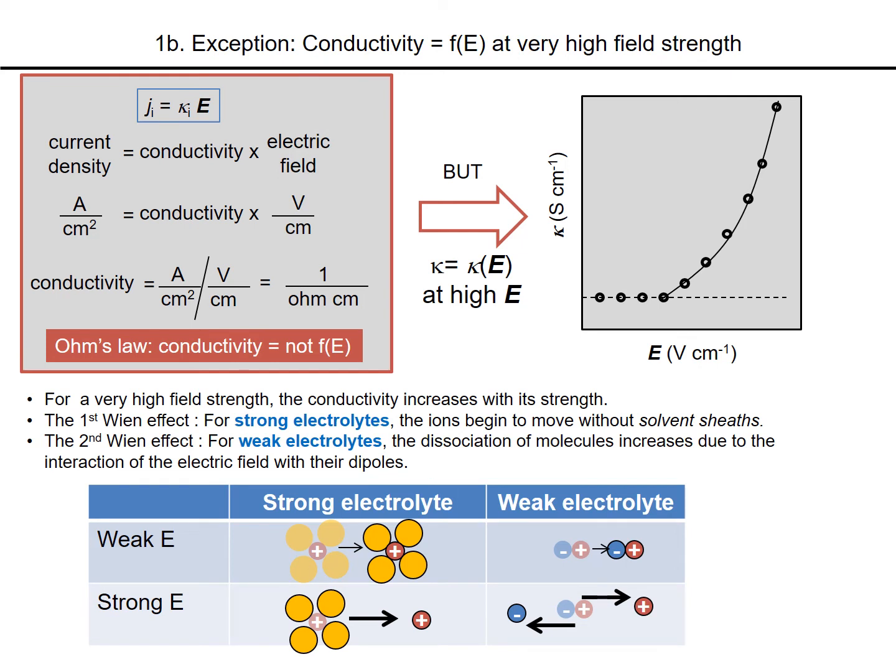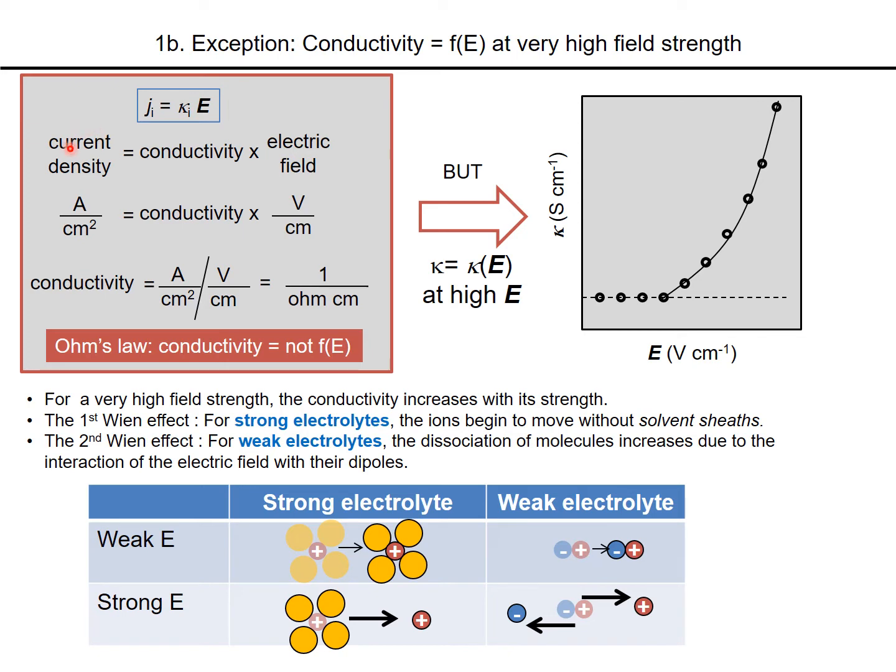Here again, the current density can be described by the product of kappa, the conductivity, with electric field. Let me check the unit.